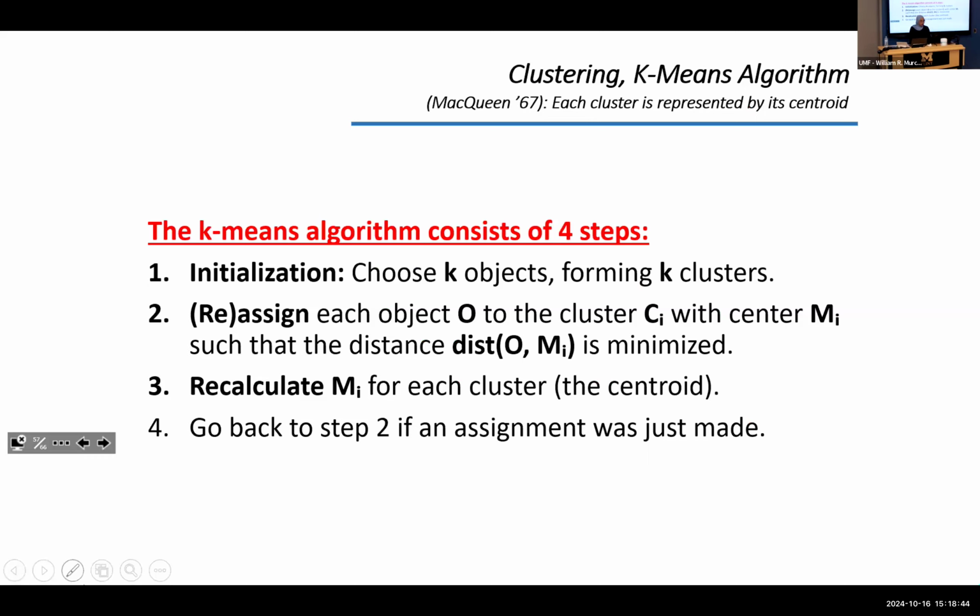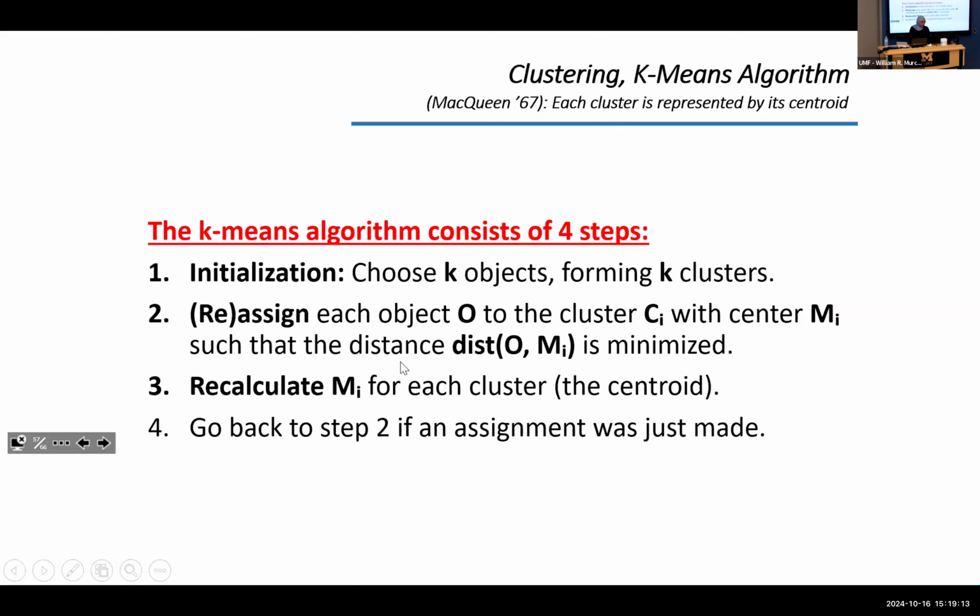The first step is to initialize, or choose, how many centroids, how many clusters. So the decision is called k in k-means. The first decision is about k, which is the number of clusters. Once it's done, let's suppose we have 2 or 3.